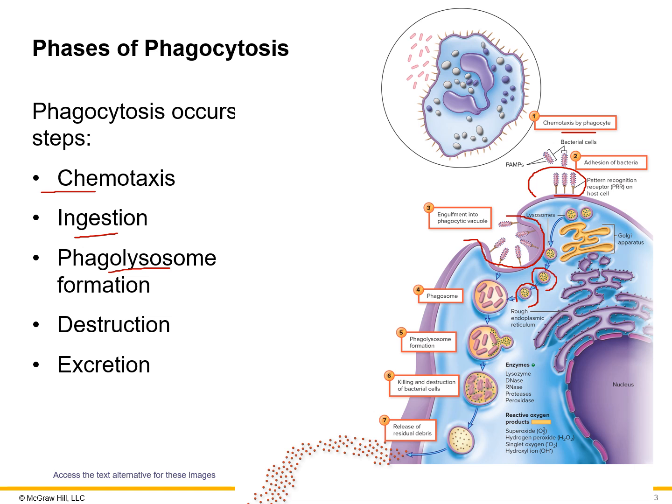The lysosomes fuse and join in, and they release all of these enzymes used for digestion, and ultimately it destroys it. It breaks down the bacteria or the substance into small little pieces, and then ultimately the cell gets rid of it by exocytosis. It releases the leftover contents, the broken down material, out of the cell.